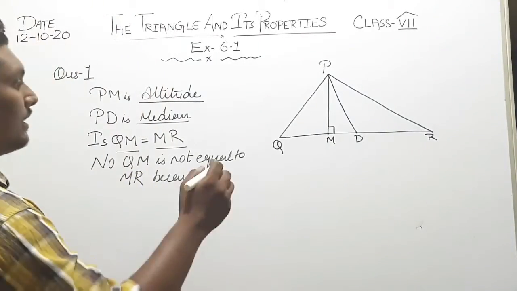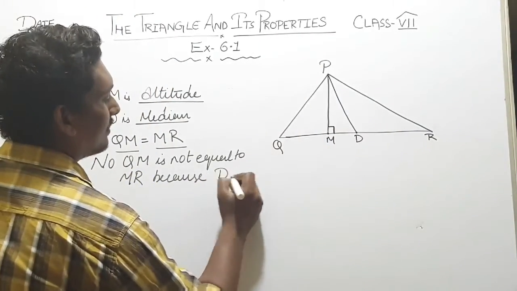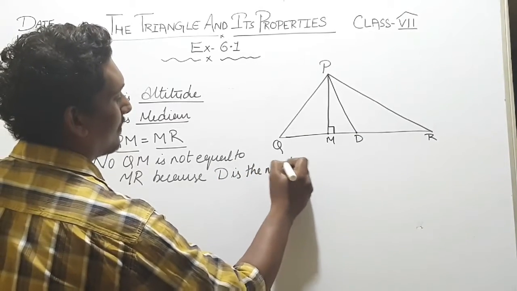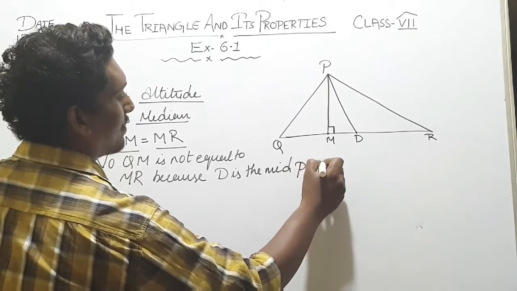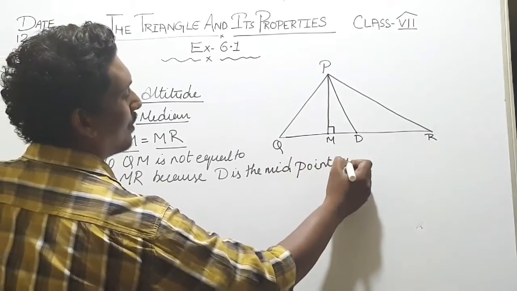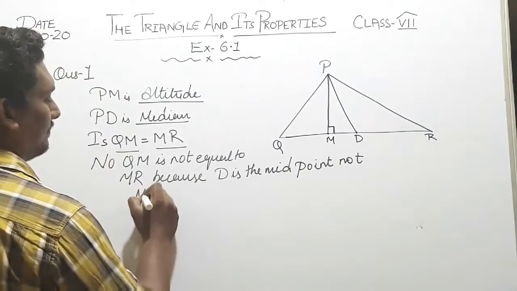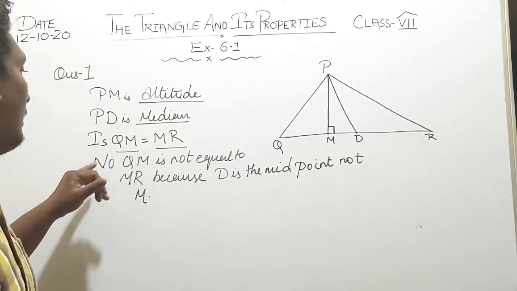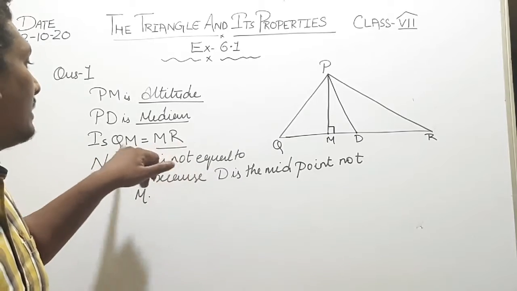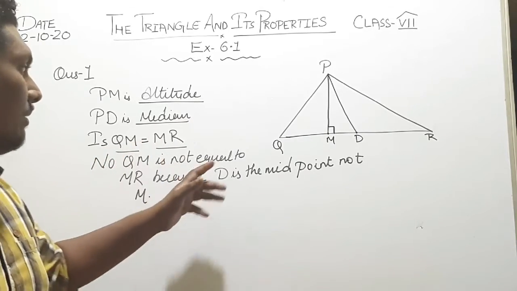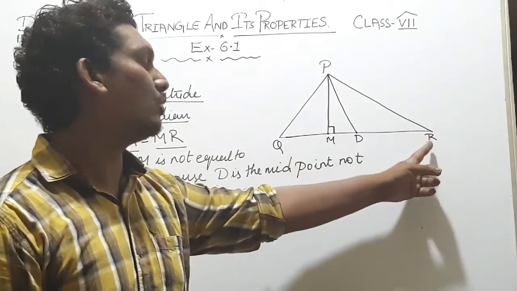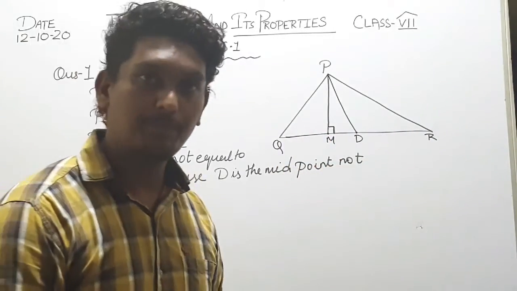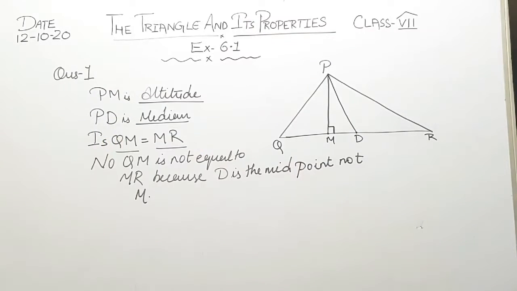Here D is the midpoint, not M. The third one is QM equal to MR. In this case, no, it is not equal, because D is the midpoint of QR, not M. So QD is equal to DR. Just go through it.